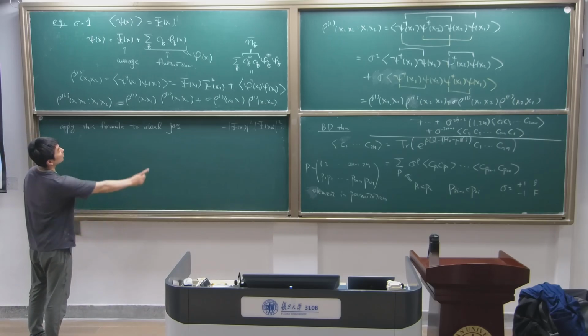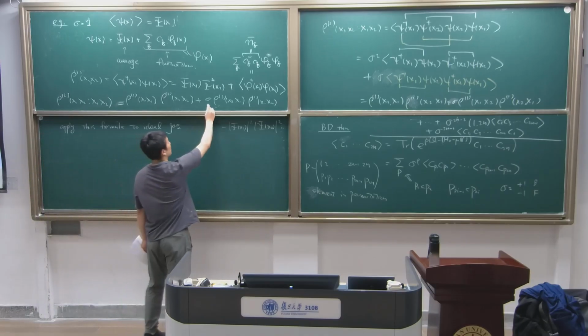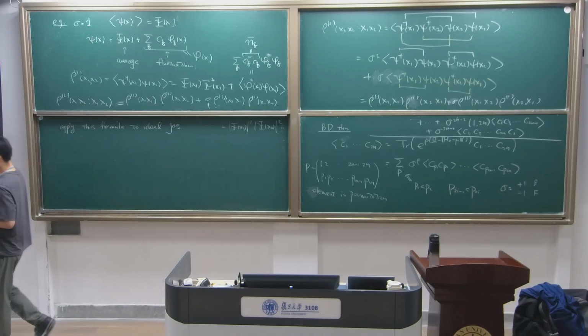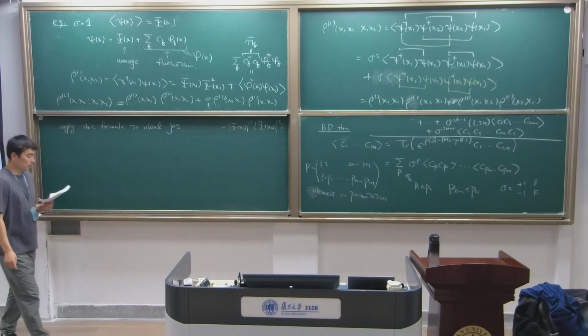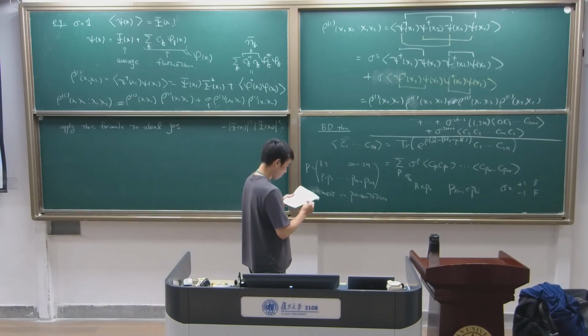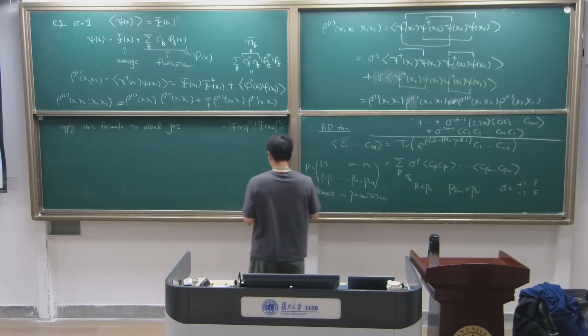Here I consider the Lorentz correlation function, but it also applies implicitly here. Because if you do the same computation for fermions, you just have the same answer from the computation.